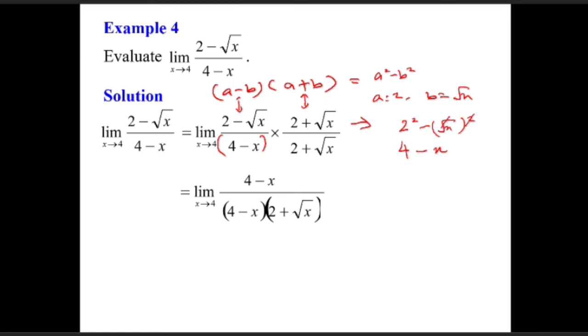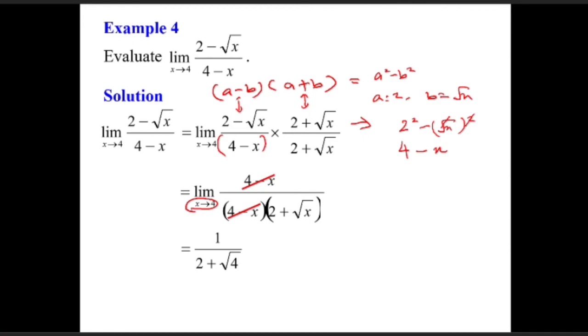And here, remember, after you have multiplied with conjugates or after you have factorized, you have to cancel off at least one factor before you substitute the value of x to find your value of limit. Now, you have not cancelled off a factor. So, what is that factor that you need to cancel off? You can see clearly here, and that factor is just 4 minus x.